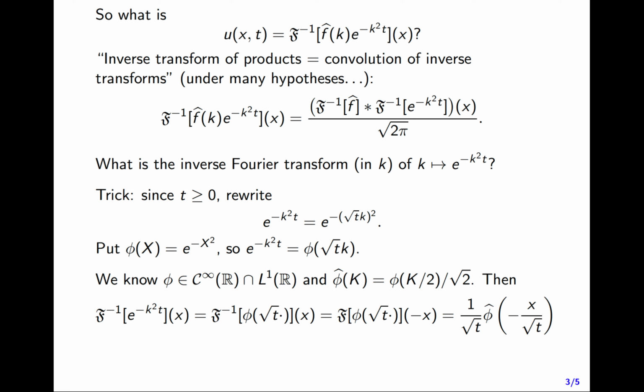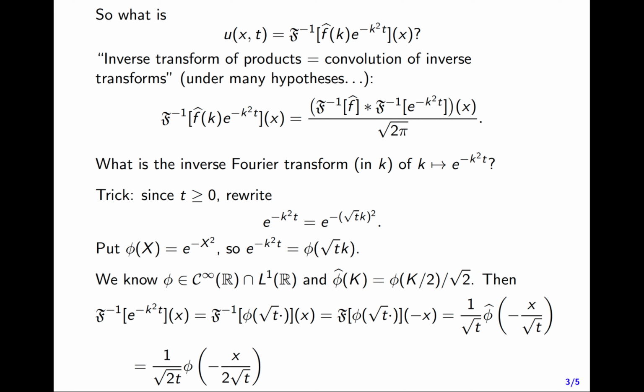Scaling properties of the Fourier transform tell me that this is 1 over root t times phi hat of minus x over root t, assuming for the moment that t is positive, not t equals 0, because otherwise I couldn't divide. But what is phi hat? Well, phi hat is just phi of k over 2 divided by root 2.